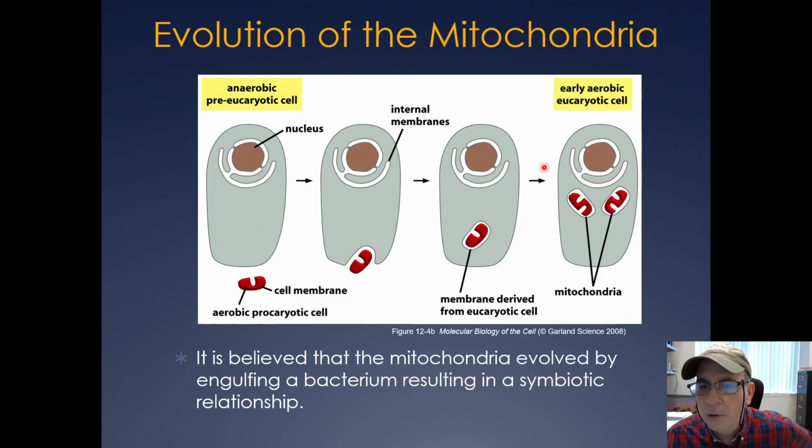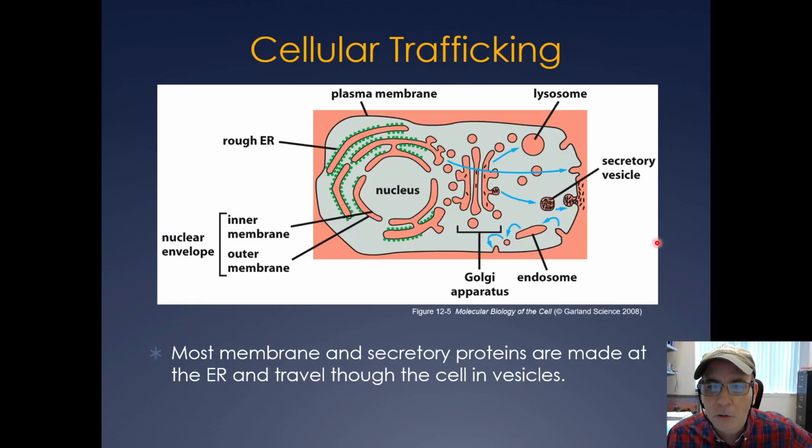And so ultimately what we're starting to see here is this ancient eukaryotic cell with different compartments, and all those different compartments created this transport problem that the cell had to overcome. What we now know today is that between these different compartments in the cell, there's cellular trafficking.